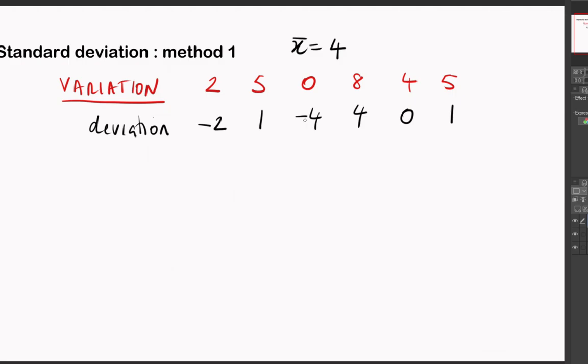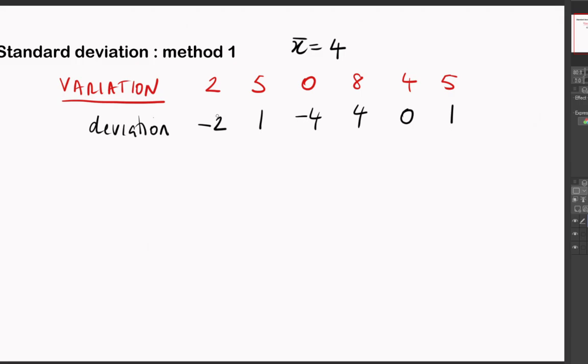Now, one thing that we could do is average these numbers and find the average deviation. The problem with that is if you add all these numbers up, you will notice that they add up to 0, and they'll always add up to 0, so it doesn't really help us. One thing you can do is ignore the signs, so just take the difference and not include the negative sign, so make everything positive.